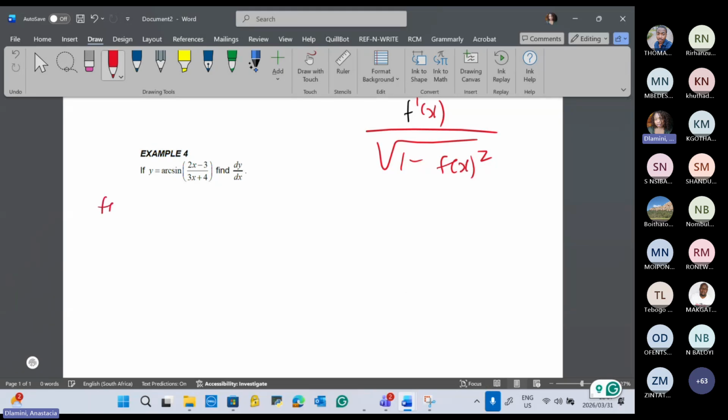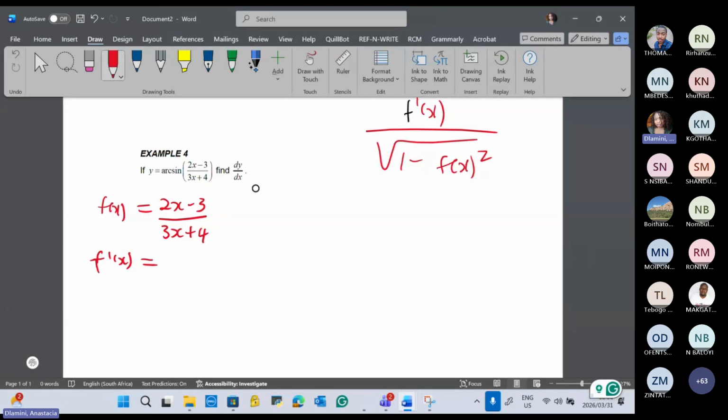So what is our f of x in this case? Our f of x is (2x minus 3) over (3x plus 4). How can I find the derivative here? Quotient rule. Thank you. You cannot separate the denominator in this case.